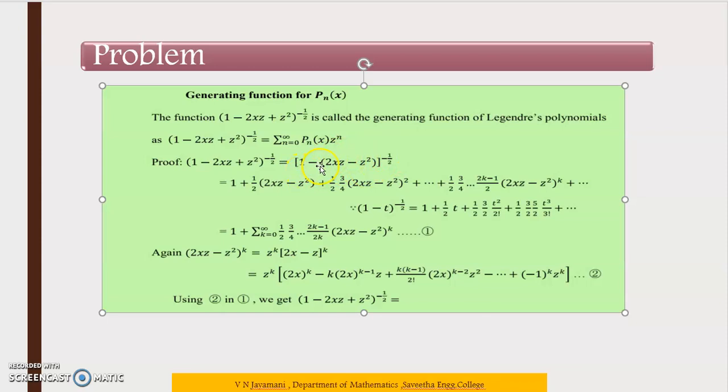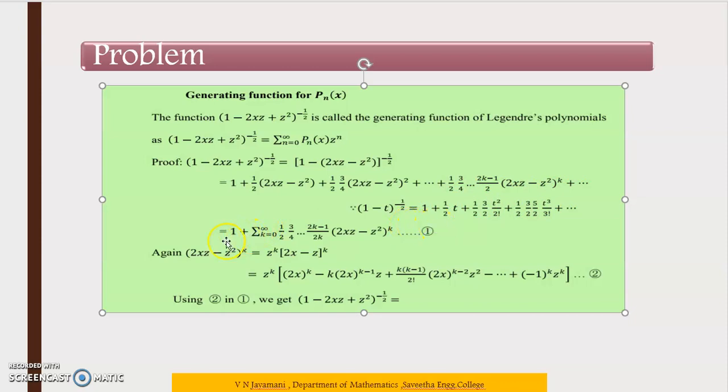So what is the formula? 1 plus 1 by 2 x plus (1 by 2)(3 by 4) x squared plus etc. Likewise here we get 1 plus 1 by 2 (2xz minus z squared) plus (1 by 2)(3 by 4)(2xz minus z squared) whole squared plus etc., plus (1 by 2)(3 by 4) etc. (2k minus 1) by 2k into (2xz minus z squared) power k plus etc. So this is the expansion of this formula.